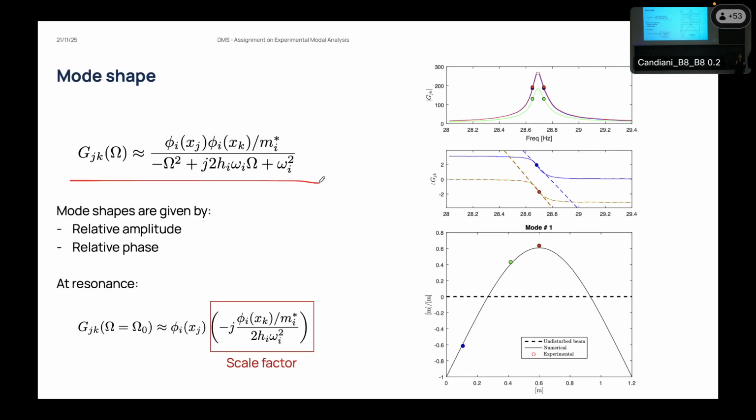Because they will depend just on the mode I'm considering, and I can consider the same mode, and the location of the input force that is the same for all the positions. So by considering a different j location, actually this number will be always the same except for this contribution here.